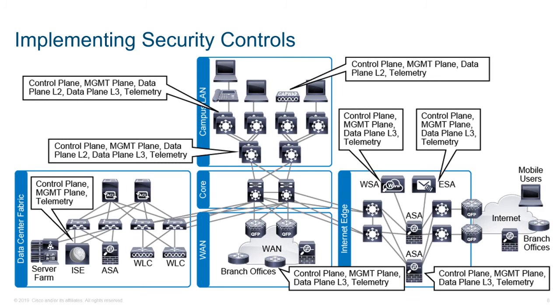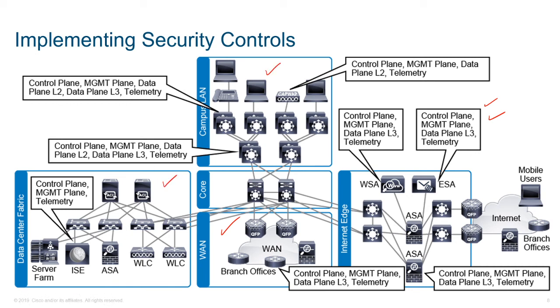All right, and here are maybe some examples too of how security controls can be deployed throughout our infrastructure. So whether we are looking at hardening things like control plane and management plane in the internet edge, obviously we'll also want to try to do as much of this stuff everywhere as we possibly can, the WAN, the campus LAN, our data center fabric.